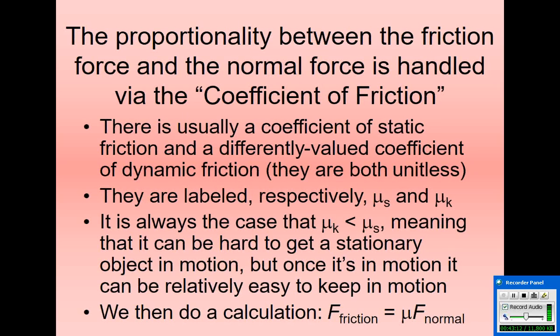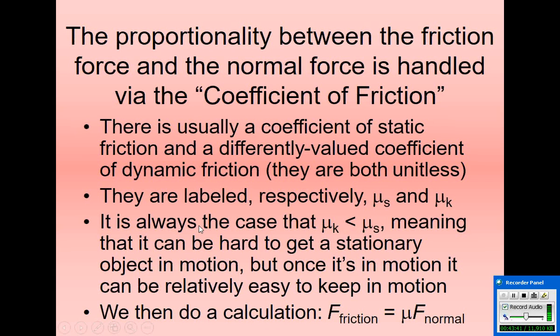The coefficient of friction is labeled with the lowercase Greek letter mu, which looks a little bit like a very script-like letter U, but this is the lowercase Greek letter mu. And you see mu subscript S for the static situation, mu subscript K for the kinetic or dynamic situation.